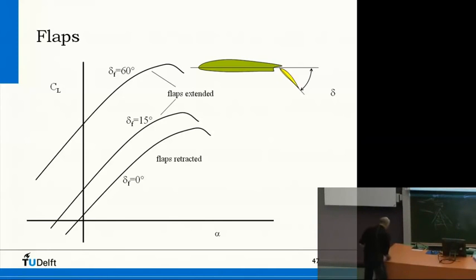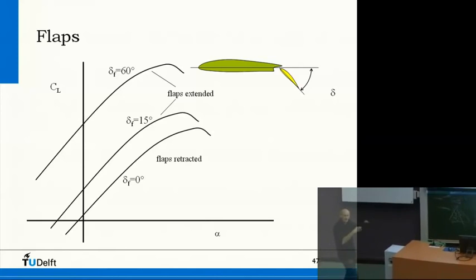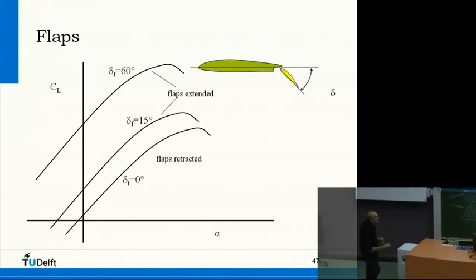So whenever you extend a flap, or you just have a flap deflection, in this case it's just some pivot point here, then you go up. The entire lift curve shifts towards a higher value. Right? And this is just because of this increase in curvature.